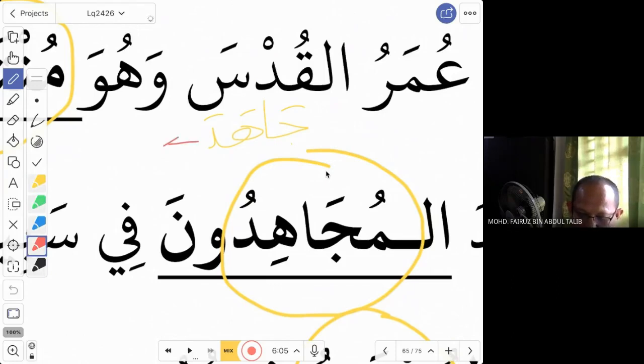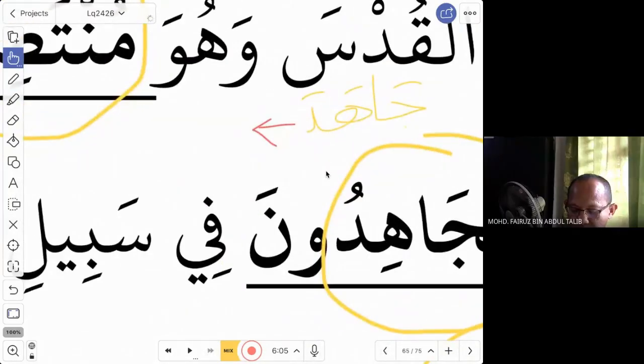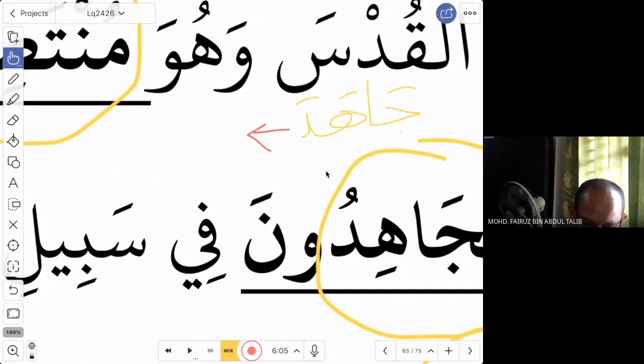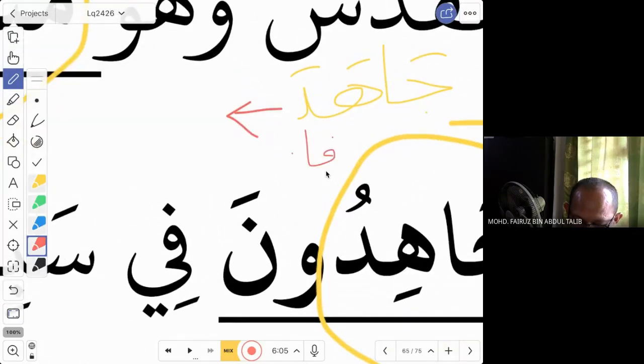If you are not sure, then you need to find the wazan. Yujahidu. Yes, good. That is the fi'il. The wazan of the fi'il jahada is fa'ala. And of course, for fa'ala, the mudari is yufa'ilu.